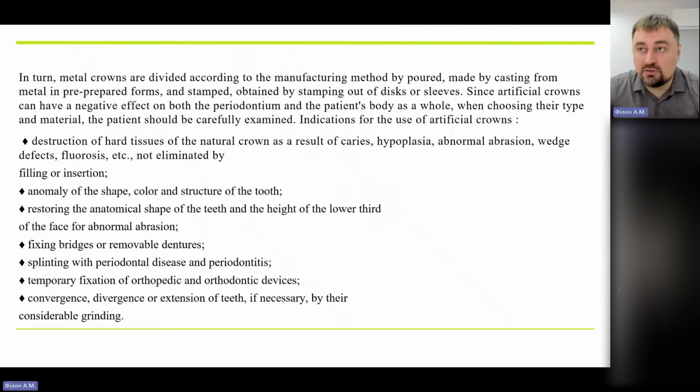One-piece crowns are not used too much. Nowadays, we use a lot of metalloceramic crowns, zirconium crowns, and porcelain crowns. What's the difference?